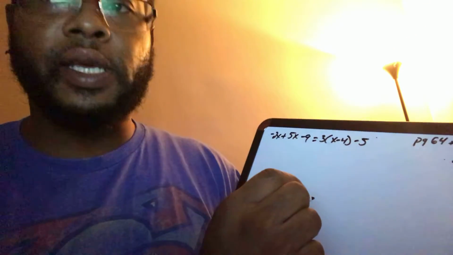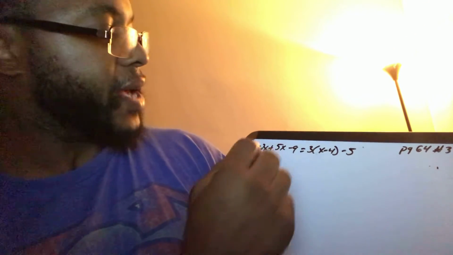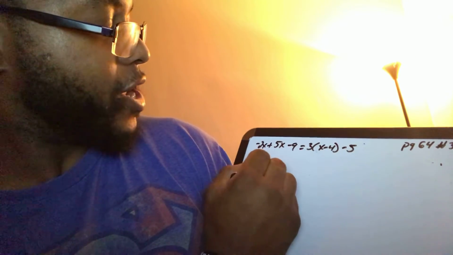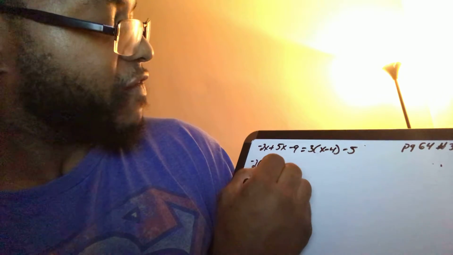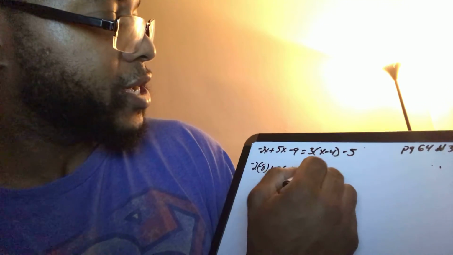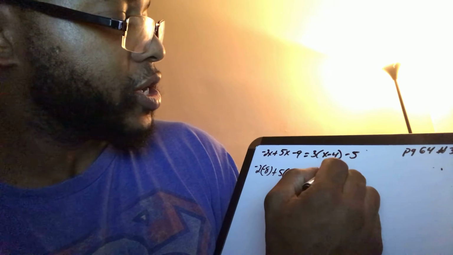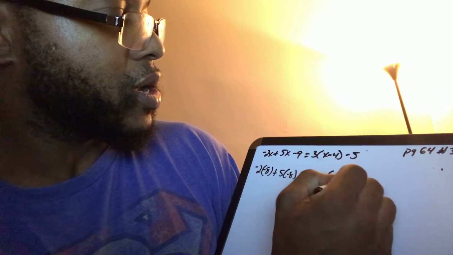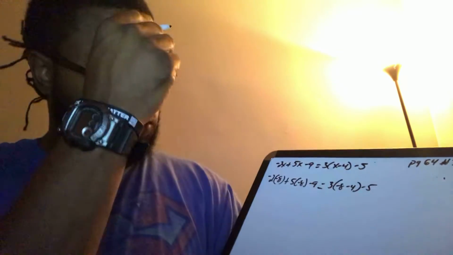So we do know -8 equals x. So we're going to substitute. We're going to do 2(-8) plus 5(-8) minus 9 equals 3(-8) minus 4 minus 5. So we're going to do just like we did the first time.